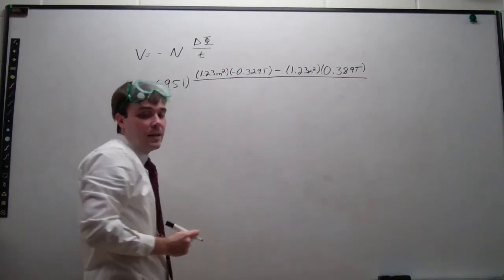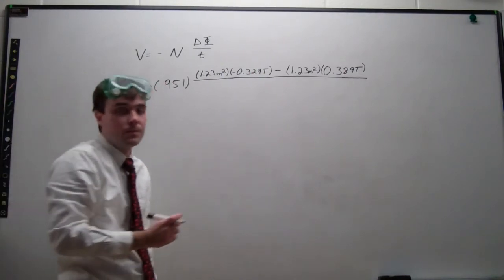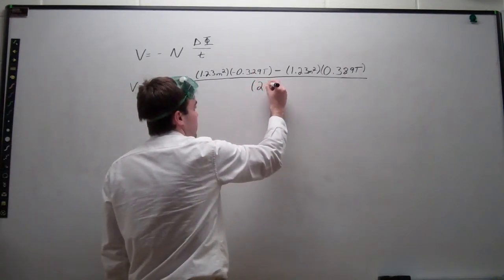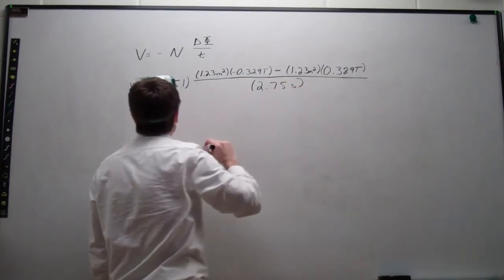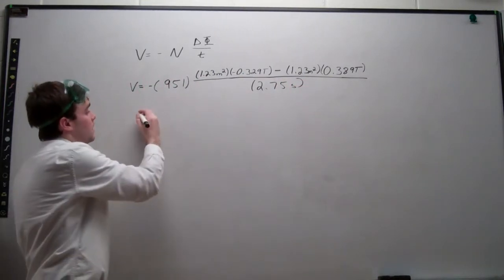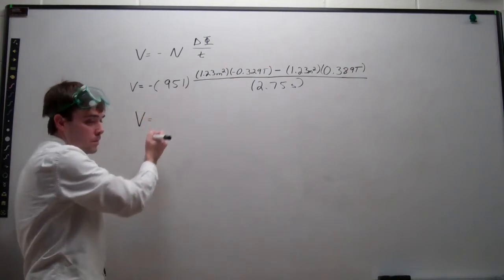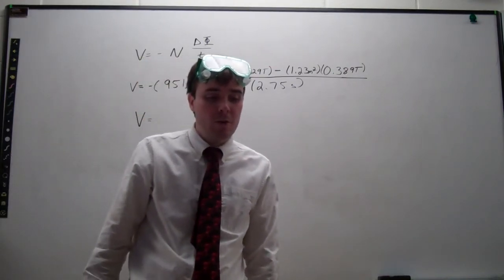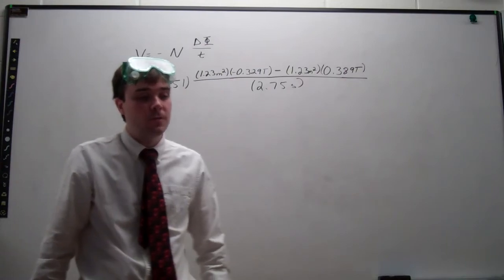And how long does it take for the magnetic field to change? 2.75 seconds. Not entirely clear in the problem, but that's what it means. So what is our induced voltage?